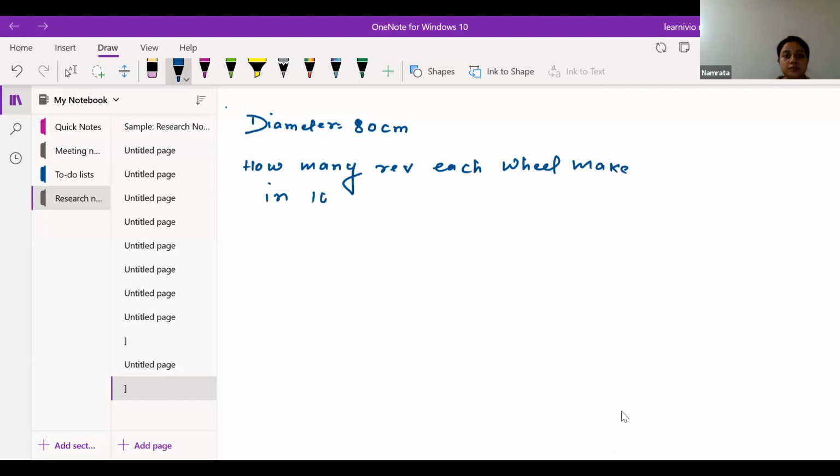And the information we are having is when the car is traveling at a speed of 66 kilometer per hour. When the speed of the car is given, that means the car is moving 66 kilometer in 1 hour. That's the meaning of the speed given.